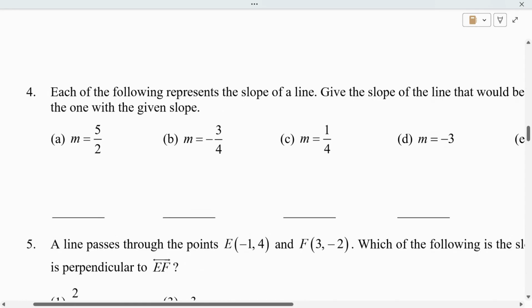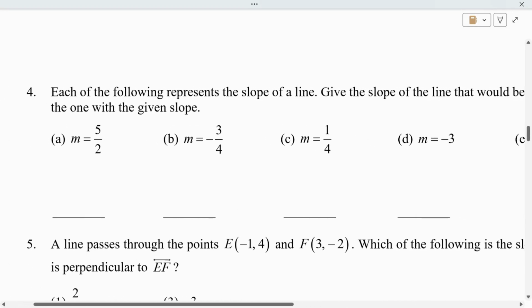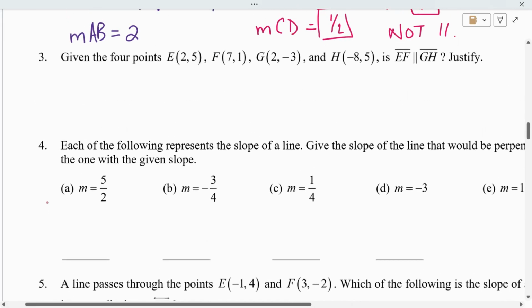Question number 4 says each of the following represents the slope of a line; give the slope of a line that would be perpendicular to the given slope. So we're just finding the slope of the line that's perpendicular. Segment A has a slope of 5/2. So the perpendicular slope would be the opposite, which is negative, and the reciprocal: -2/5.